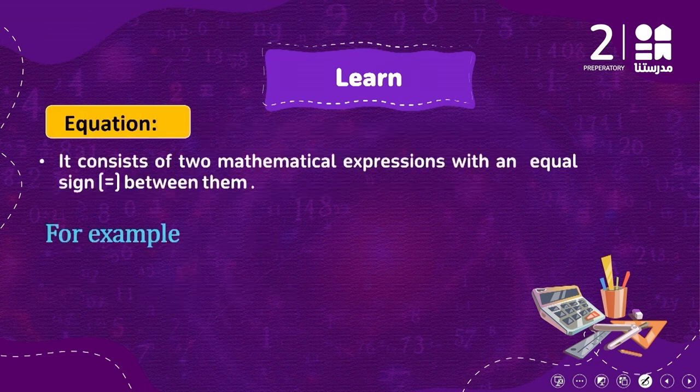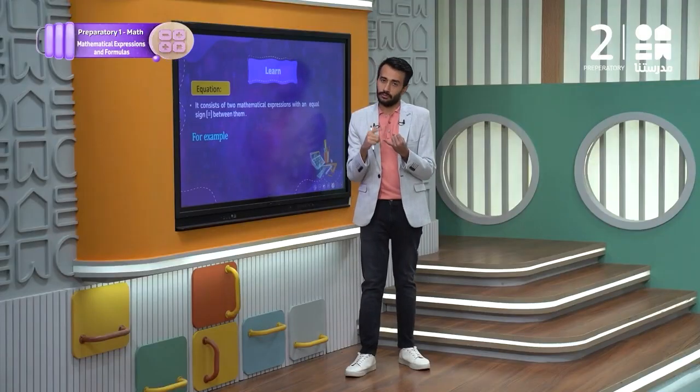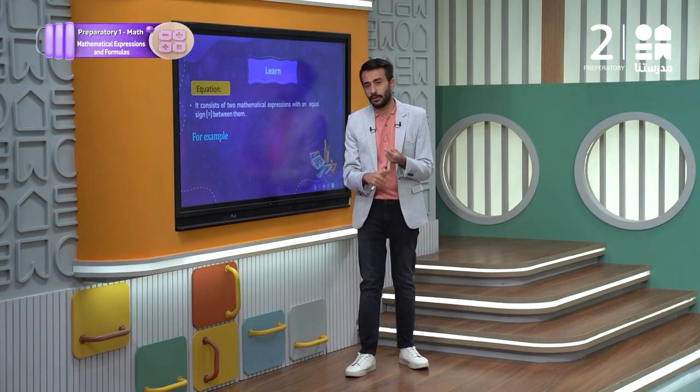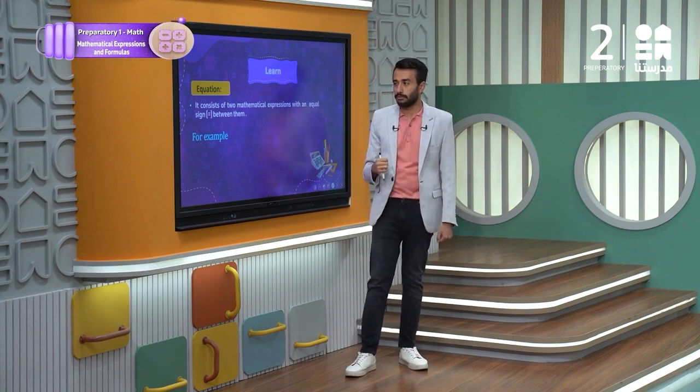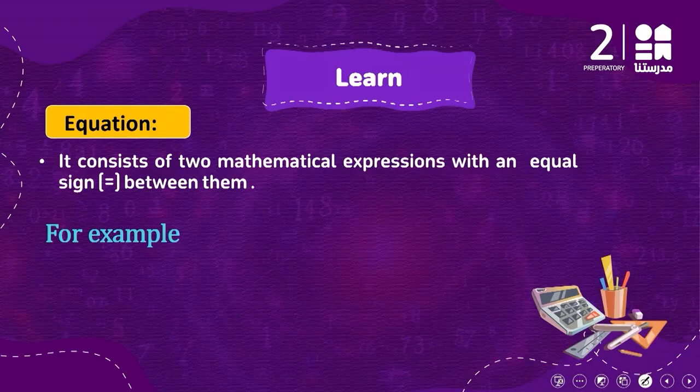Another type of algebra statement is an equation. So now we have finished numerical expression and algebraic expression. What does equation mean? An equation consists of two mathematical expressions with an equal sign between them. For example, 2x plus 1 equals 7. If I ask you about this part only, which is 2x plus 1, this is an expression.